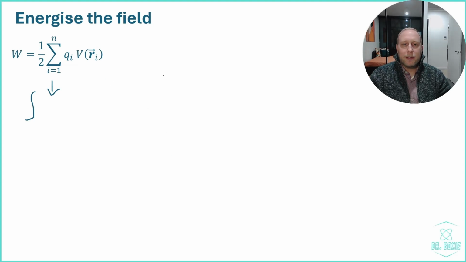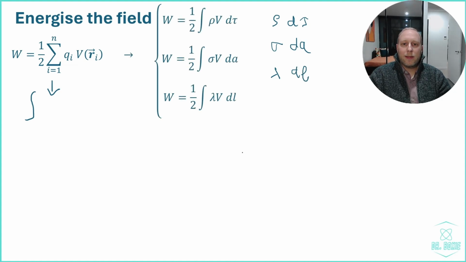But qi, the charge, would be the charge density rho, the volume charge density, times d tau, if we're in 3 dimensions. It would be sigma dA, the surface charge density times a portion of surface dA, or in one dimension, it would be lambda, the linear charge distribution, times dl. And so we get these three expressions depending on whether we're working with a continuous charge distribution in 1, 2, or 3 dimensions.